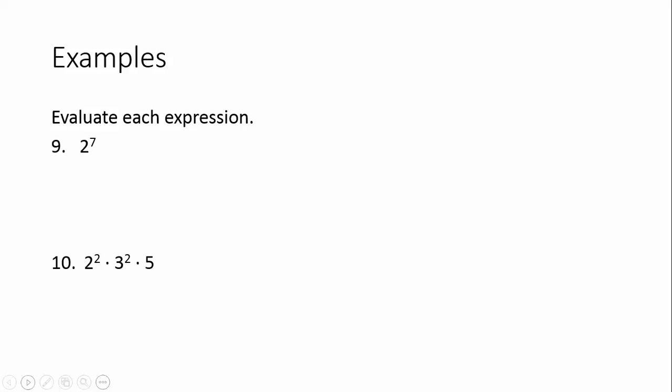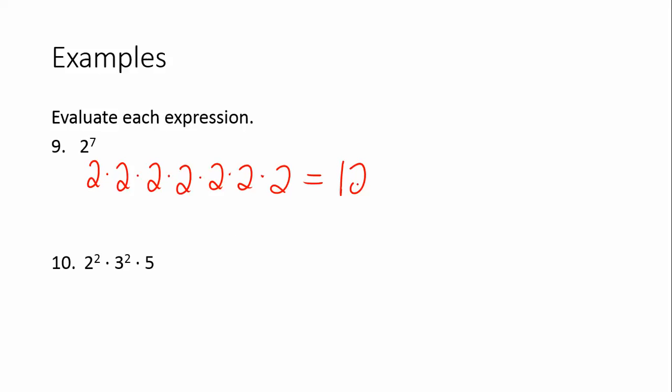So let's evaluate the expression 2 to the 7th power. Remember, this does not mean 2 times 7. This means 2 times 2 times 2 times 2, 7 times. 1, 2, 3, 4, 5, 6, 7. So 2 times 2 is 4, times 2 is 8, 16, 32, 64, 128.